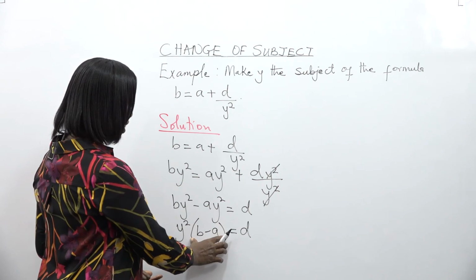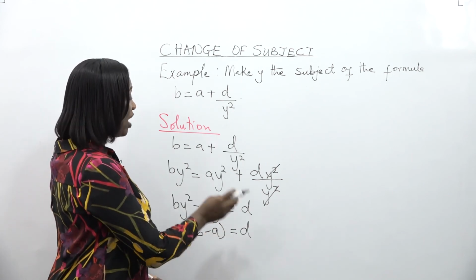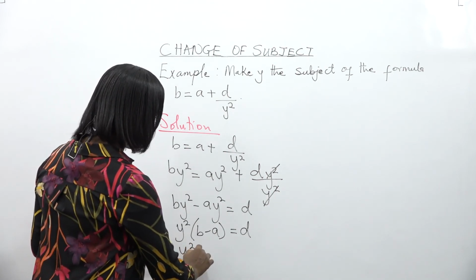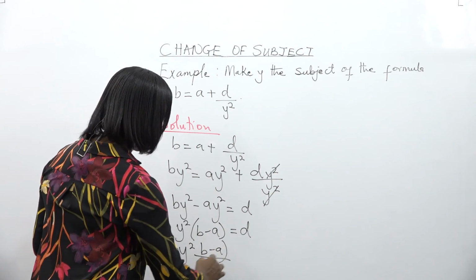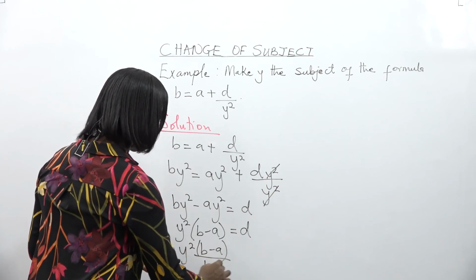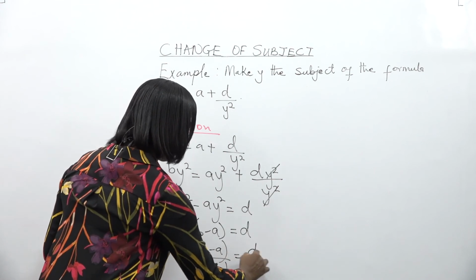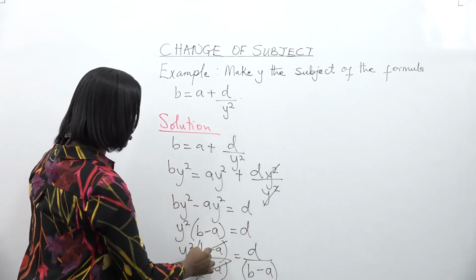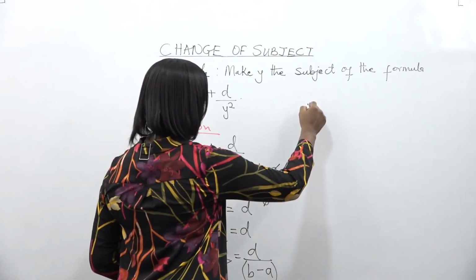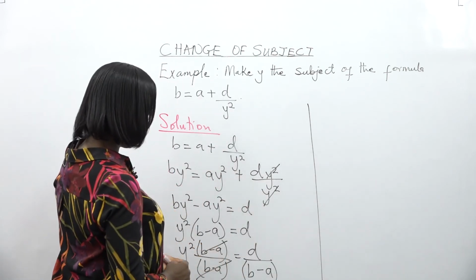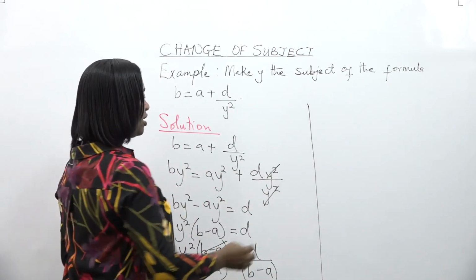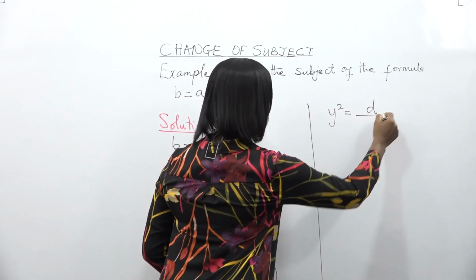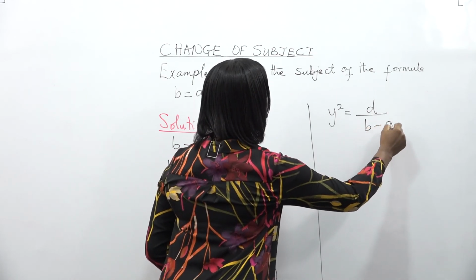Detangle b minus a from y squared because we are writing the formula in terms of y. We have y squared b minus a over b minus a is equal to d over b minus a. So that cancels out. And then y squared is equal to d over b minus a.